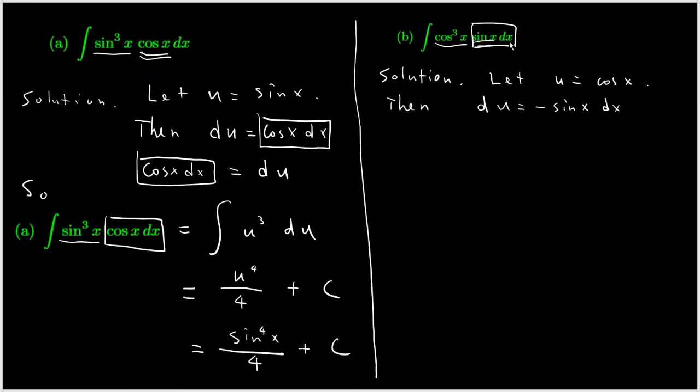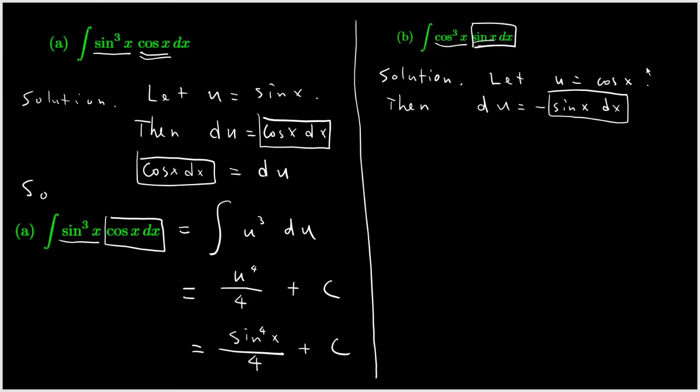If you can choose u properly, you can always identify the box in the differential of u. Do you see that in the differential and in the given integral, the two things in the box are the same, right?